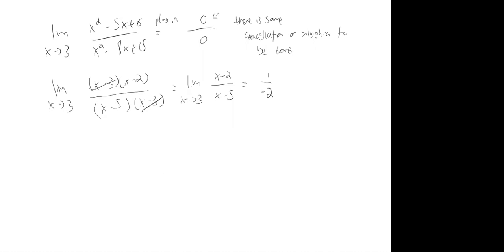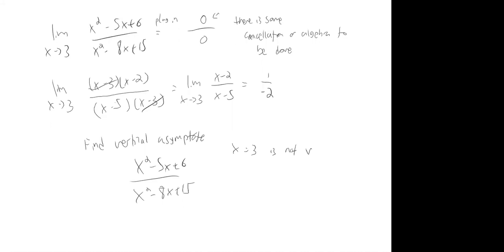So you should be careful. If the question was to find the vertical asymptote of this, and you just said 0 denominator, it's not correct. x equals 3 is not a vertical asymptote, because it doesn't blow up.